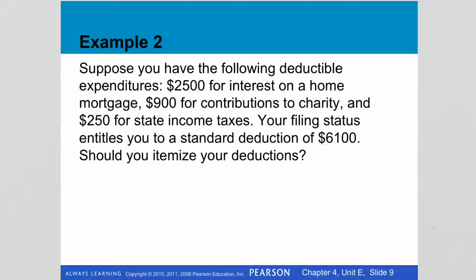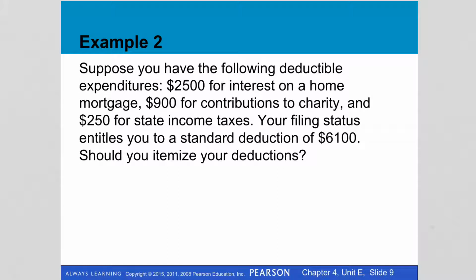Example 2 says, suppose you have the following deductible expenditures: $2,500 for interest on a home mortgage, $900 for contributions to charity, and $250 for state income taxes. Your filing status entitles you to a standard deduction of $6,100. Should you itemize?